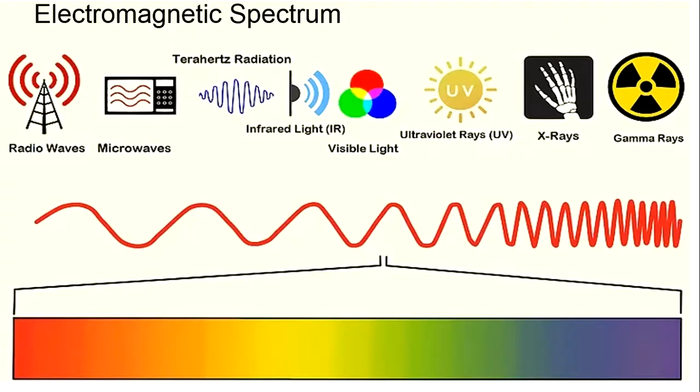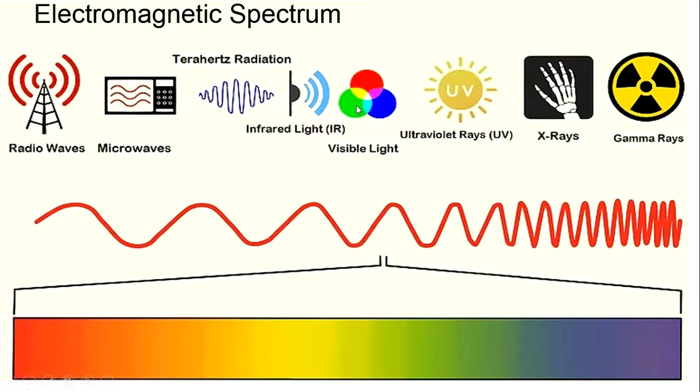The way in which electric and magnetic forces interact is called the electromagnetic spectrum. We know that light is made up of electric and magnetic waves that can move through space. So light is just a form of electromagnetic radiation. The electromagnetic spectrum tells us about the different electromagnetic radiation besides visible light.